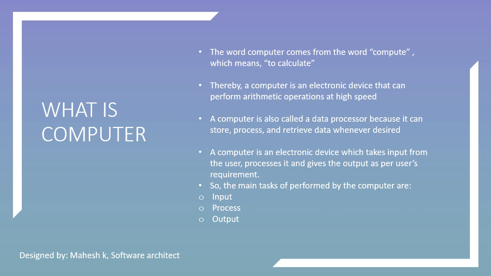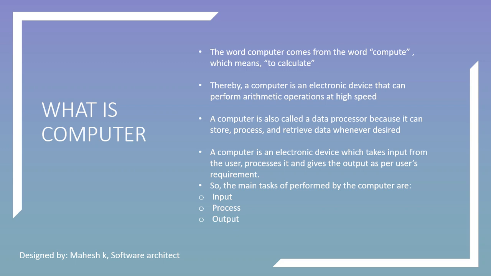When we give any instruction to the computer using the input device, it will do the operation on it, store it and process it, and whenever we require in future we can retrieve that data.